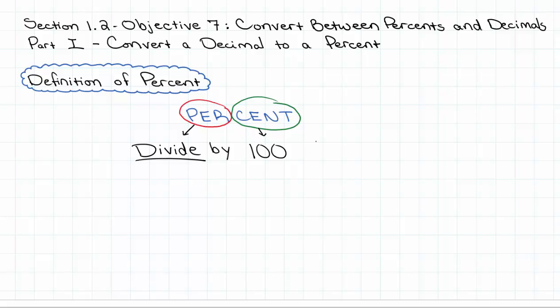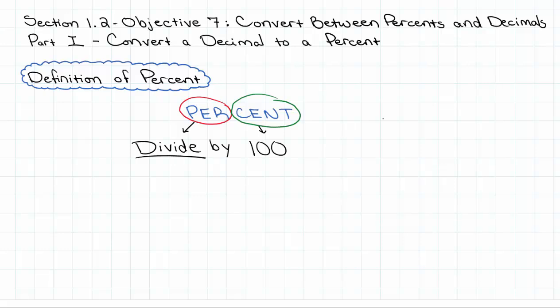You see cent in words like century, which means 100 years, and other words like centennial and centimeter. For all of these, we're using it to mean 100. So percent literally means divide by 100.